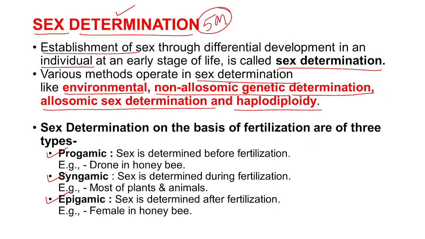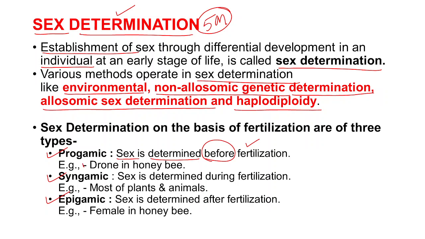What is progamic? Progamic sex determination is nothing but the sex determined before the fertilization. If the sex is determined before the fertilization, it is called progamic.